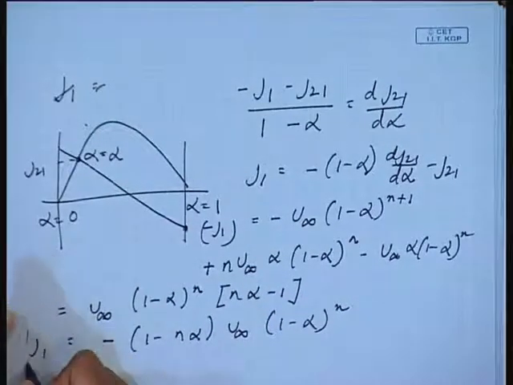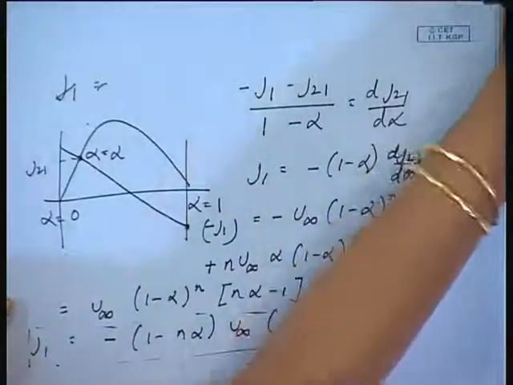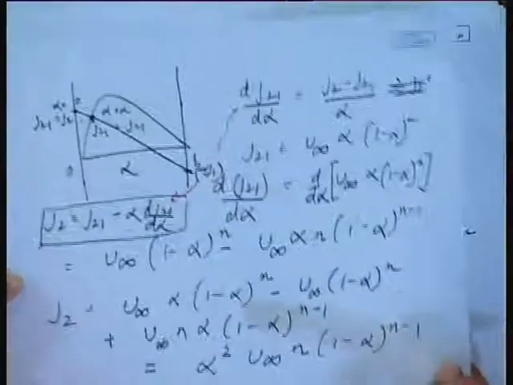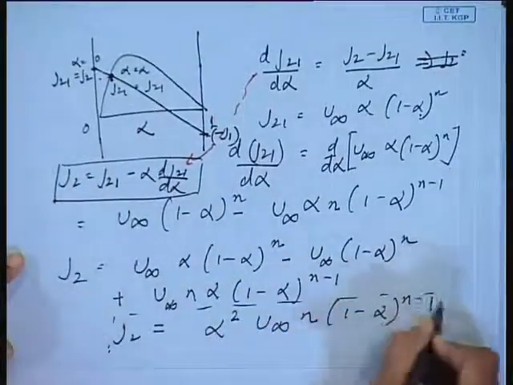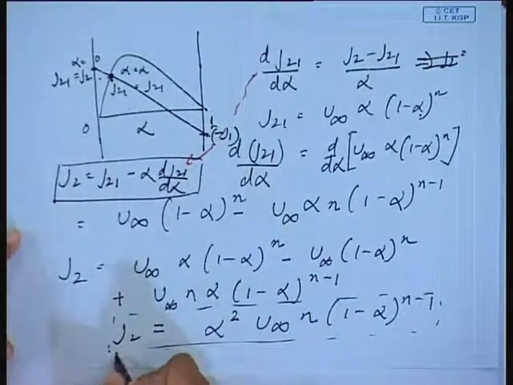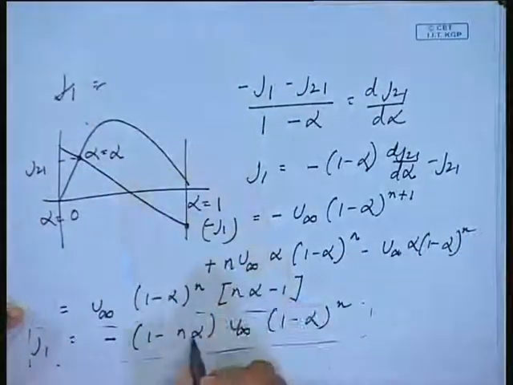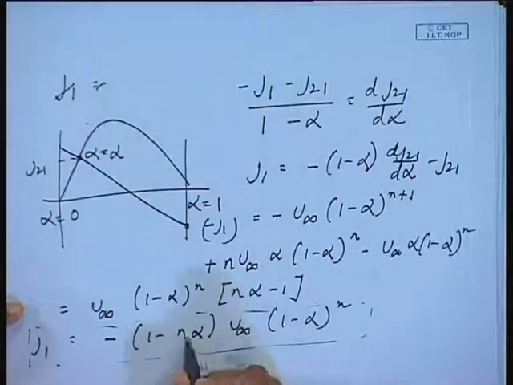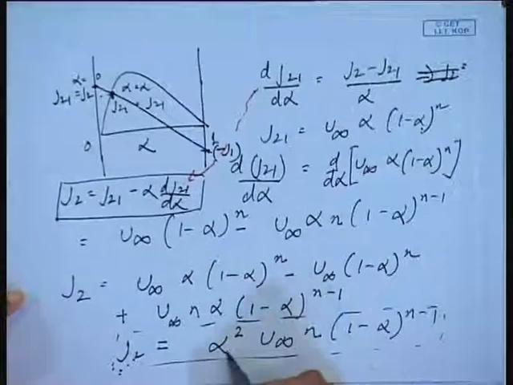This is the J1 at flooding point and this is the J2 at flooding point. So, what are we required to do? We are required to locate this J2 and this J1 for different alpha. They are functions of just alpha, n and u infinity.